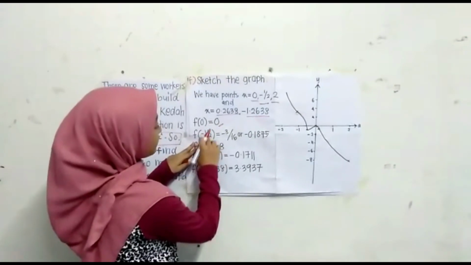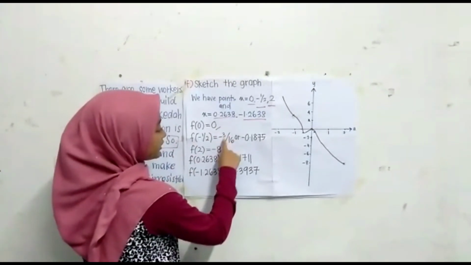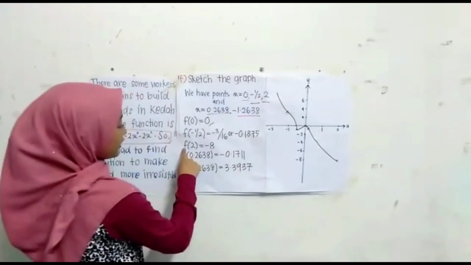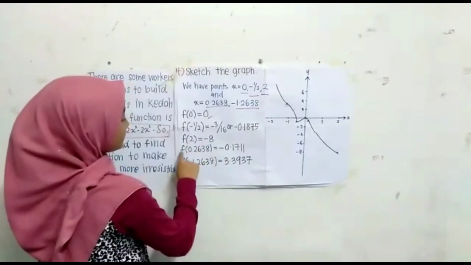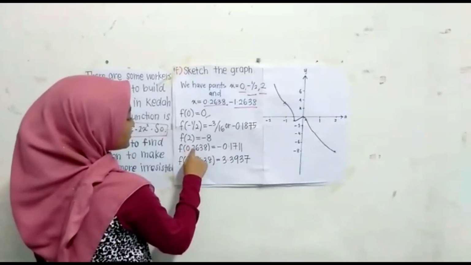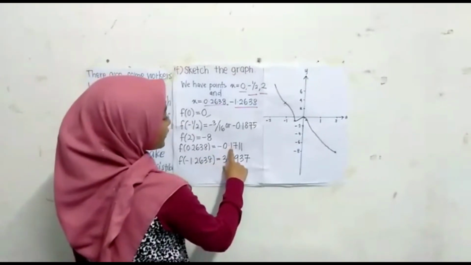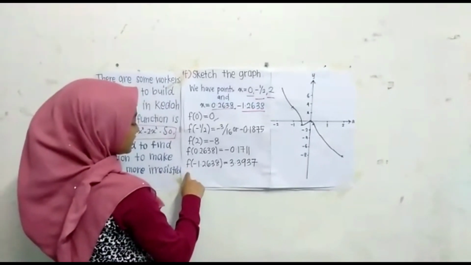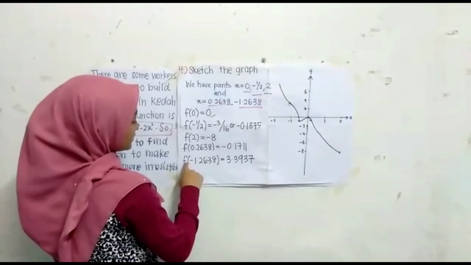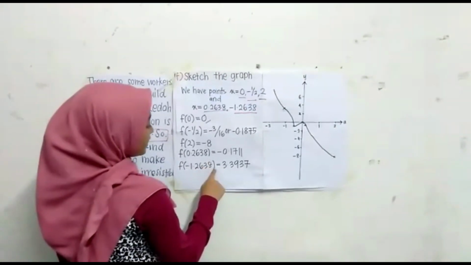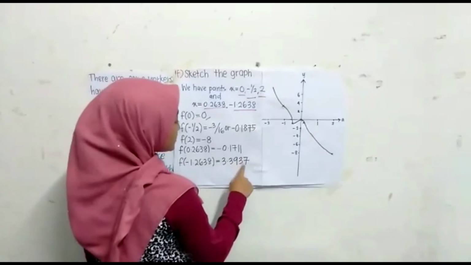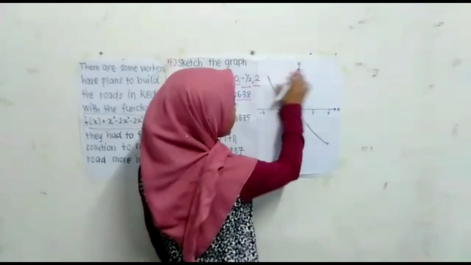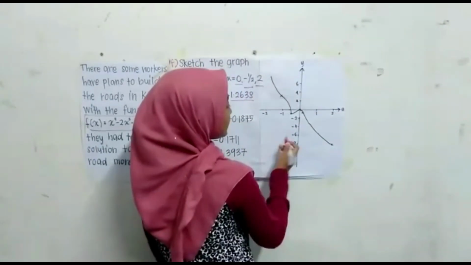For f(negative 1 over 2), we got negative 3 over 16 or negative 0.1875. For f(2), we got negative 8, and for f(0.2638), we got negative 0.1711. And for the last value of x, which is negative 1.2638, we got 3.3937. Then we must sketch the graph. So we got the graph like that.